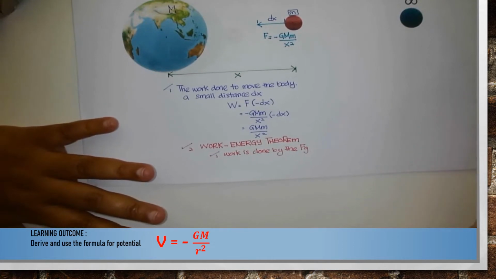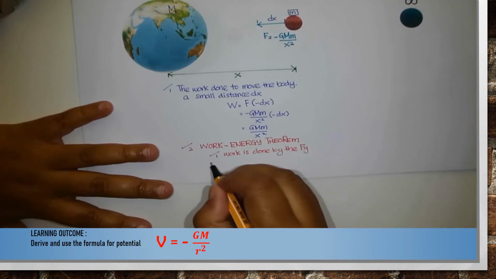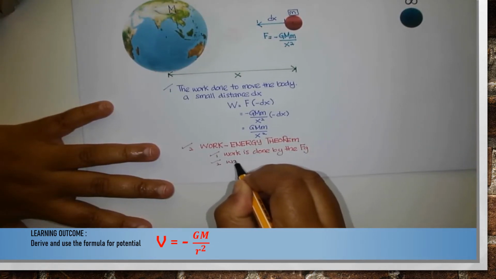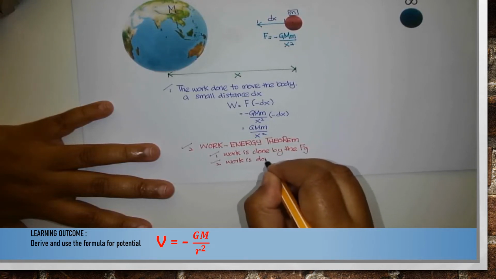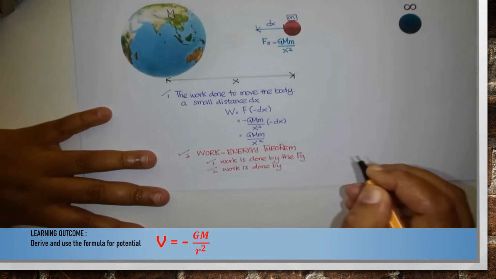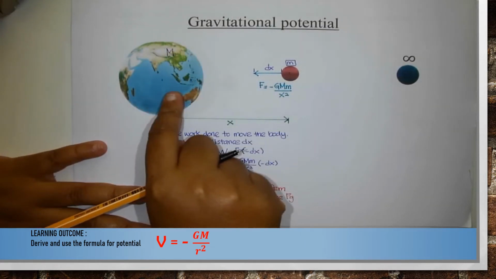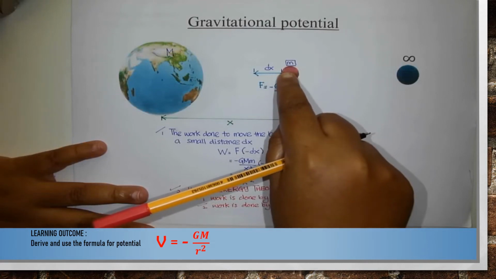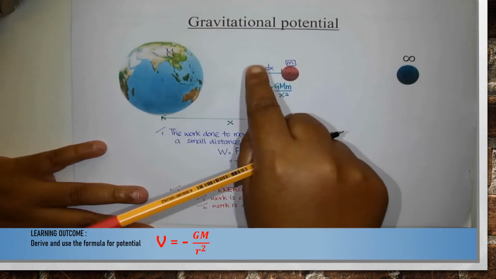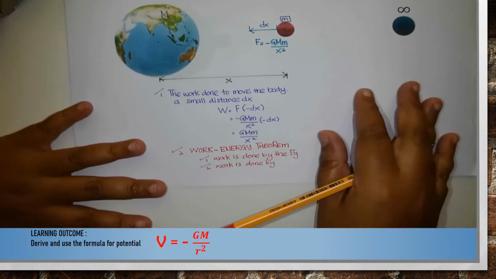The second one we can also describe: work is done by the system. The system is the earth. It is the system that is doing the work to bring the mass m from one position to another position in the gravitational field.